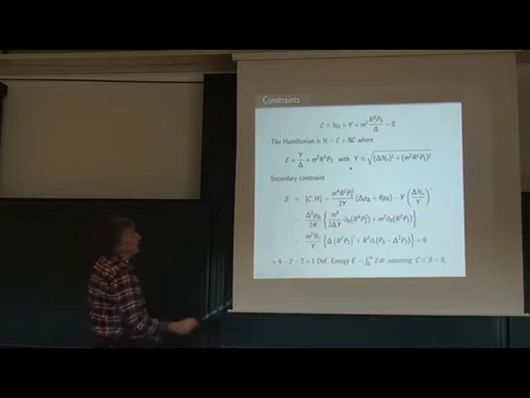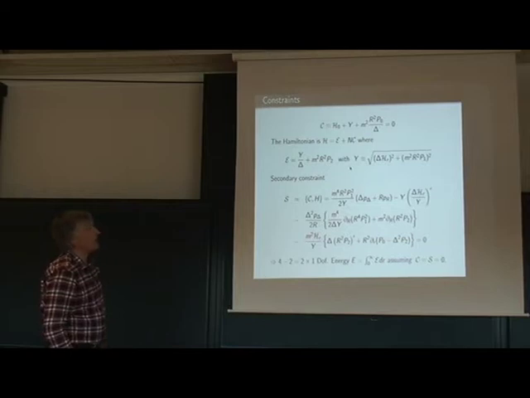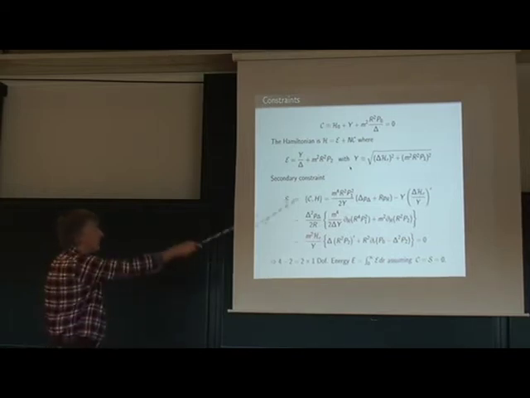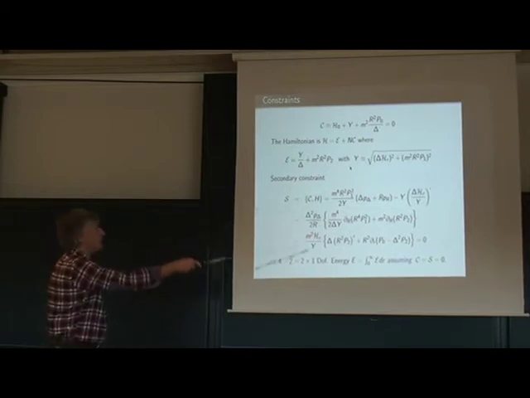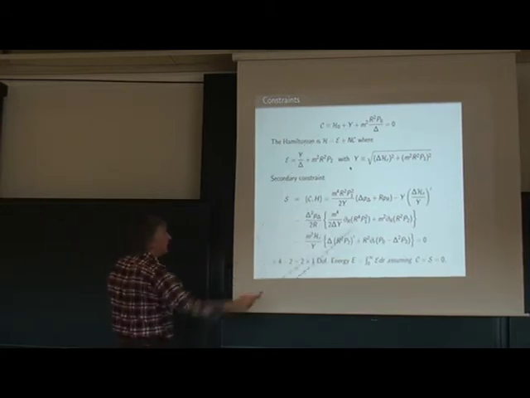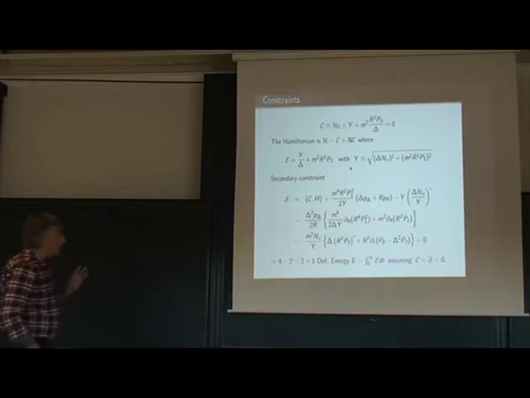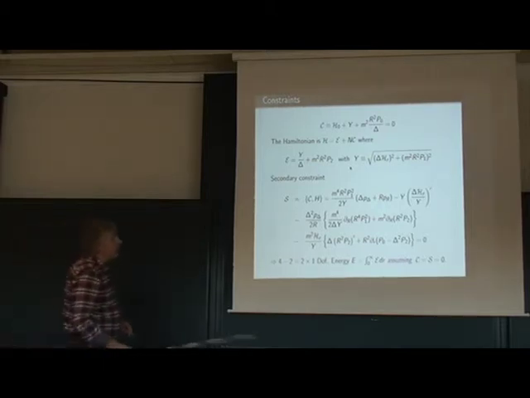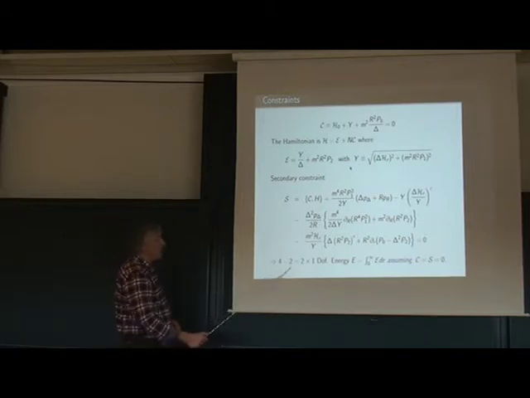However, so far it's more or less okay, but already the secondary constraint is quite a computation. So the condition of stability of this one, the commutator, it's not completely trivial to obtain this. And then the degrees of freedom is 4 minus 2, just 1 degree of freedom.